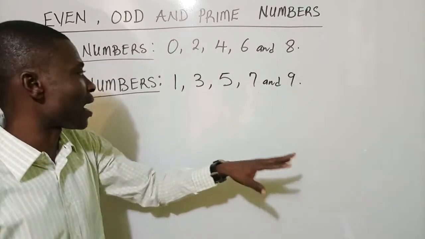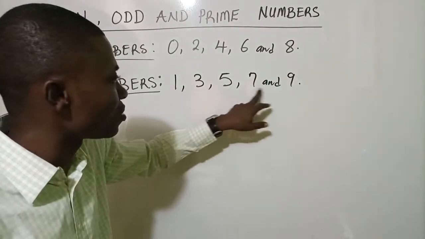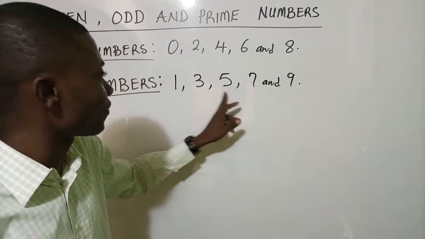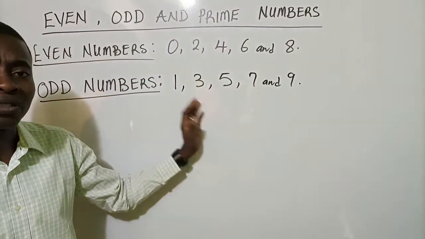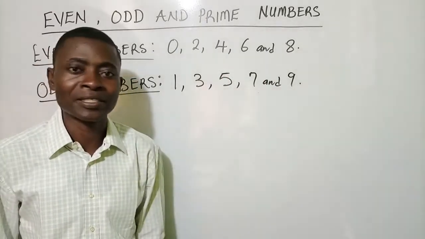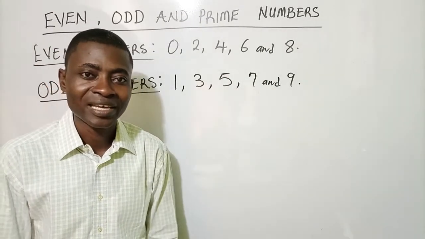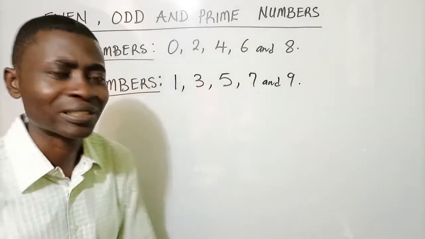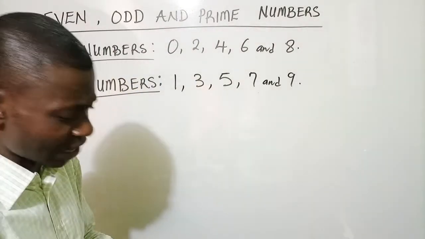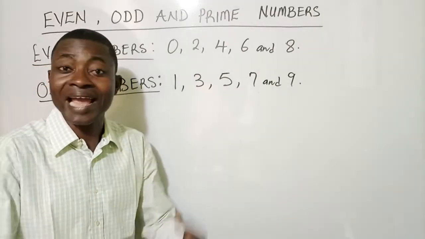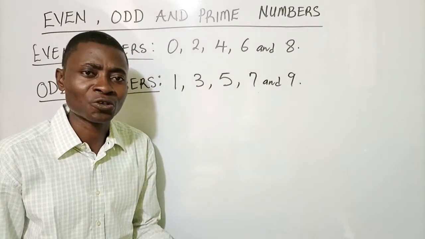And any number that ends with them is an odd number. So it's not difficult, it's very easy. It's something you can explain to anybody at any point in time, and the person will easily understand that my odd numbers are 1, 3, 5, 7, and 9.